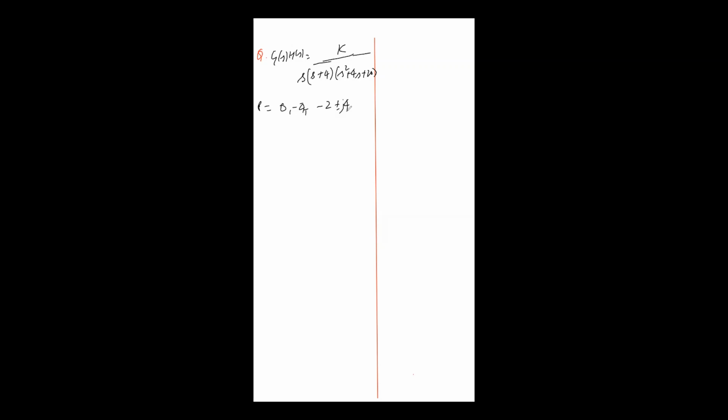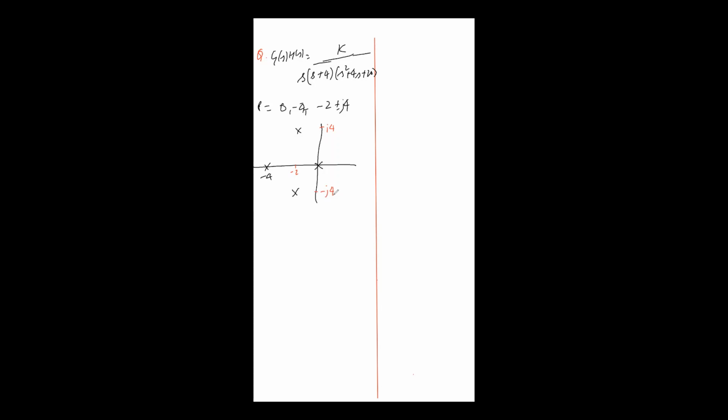So if I want to draw the root locus, there is one pole at origin, one pole at minus 4, and two poles are like this. This was how you locate open loop poles and zeros. So this is minus 2 point, this is j4 and this is minus j4.